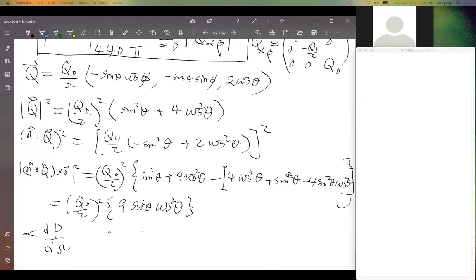So you again plot in polar coordinates. So this is the z direction. So dP d omega will be 0 along theta equals 0 and theta equals pi because of these sine square terms.